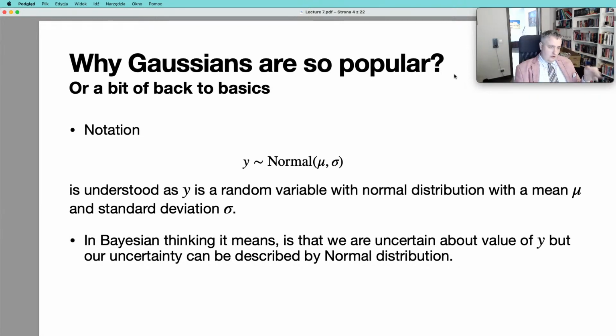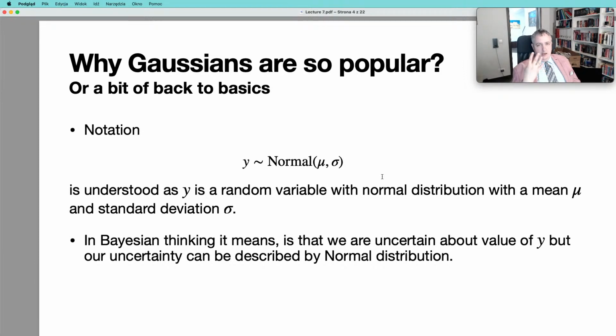We can use generalized normal distributions, for example the Student distribution, which you've seen in the example with the Newcomb experiment. However, generally we are focusing on the normal distribution, so we assume that y is normally distributed with mean mu and standard deviation sigma when it is a random variable from the distribution.